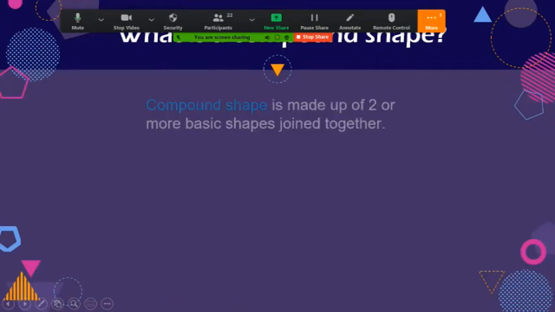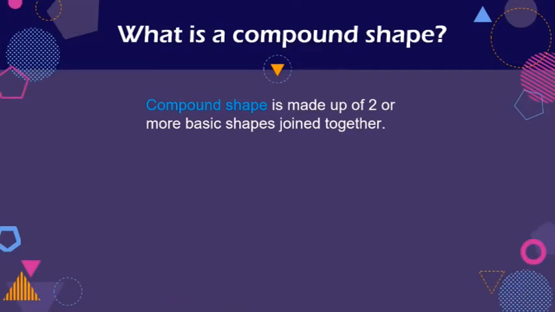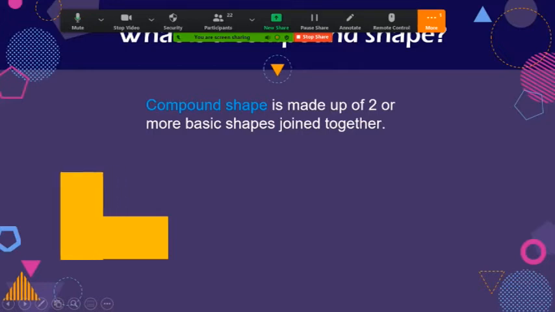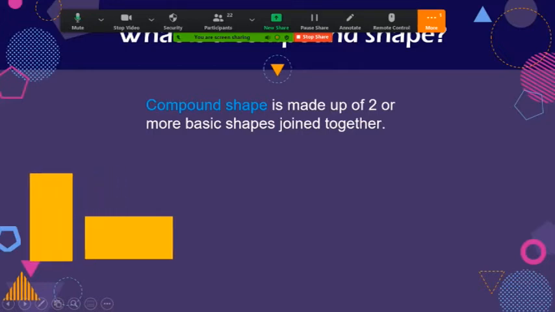A compound shape is made up of two or more basic shapes joined together. Look at these diagrams. This one is a compound shape, made up of two rectangles joined together.